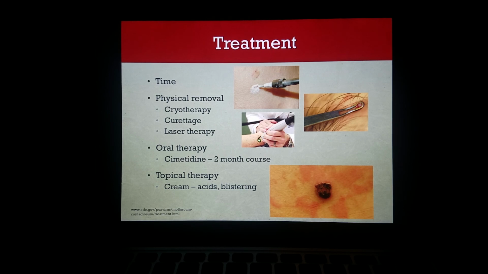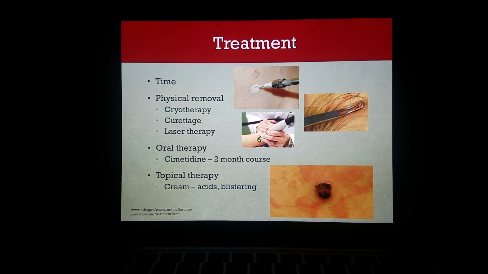There's also some oral therapy that has been tested. The drug of choice is cimetidine, which seems like an odd choice, but cimetidine has been shown to stimulate T lymphocyte production, which of course is going to help eradicate viruses. And so they've found some success in children with like a 2-month course of cimetidine will clear it up.